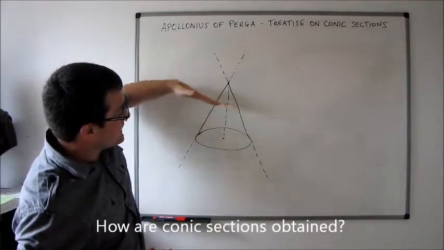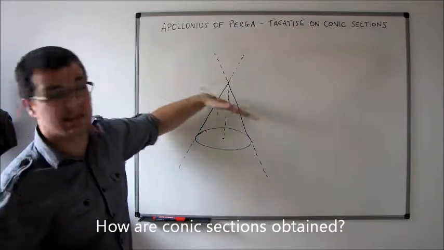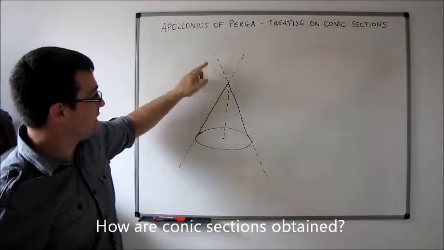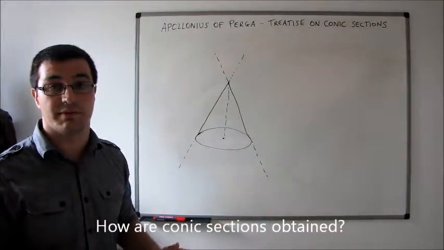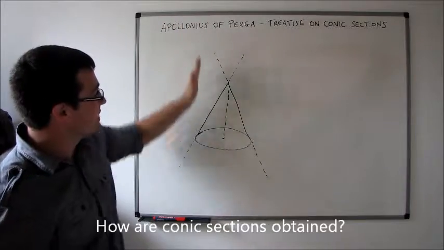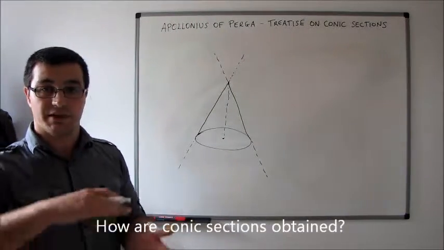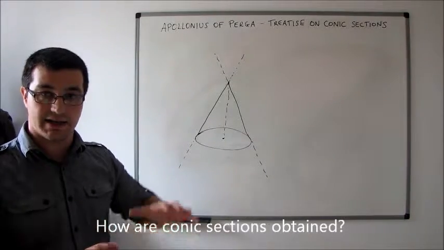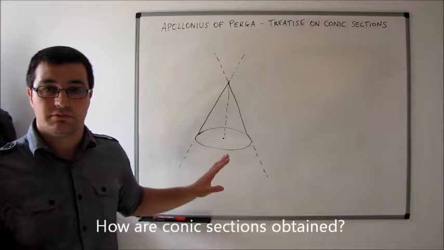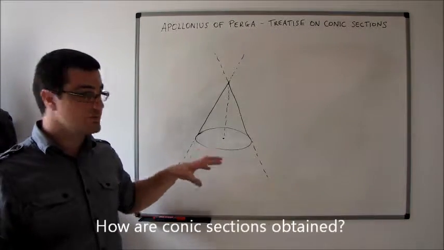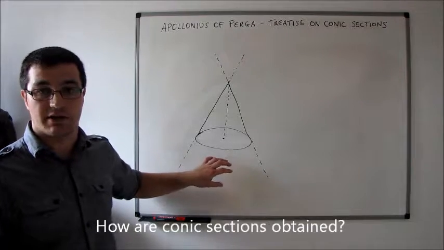Cutting at a shallow angle will give me an ellipse. Cutting with a plane parallel to one of the sides of the cone will give me a parabola, and if I cut straight down, then I'll get a hyperbola. I can cut other angles as well, but all of the sections that I get will be one of those four. However, as you read Apollonius's work, you will notice that Apollonius doesn't just deal with right cones.